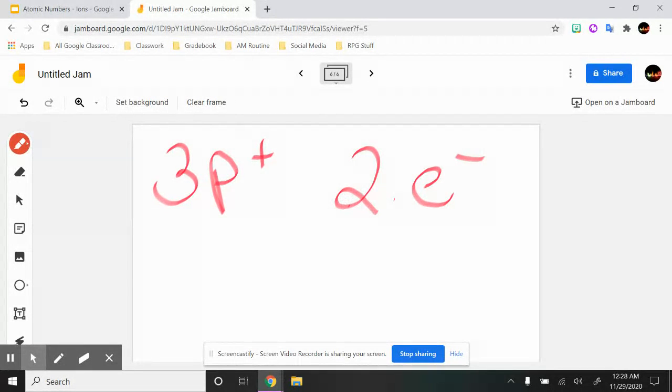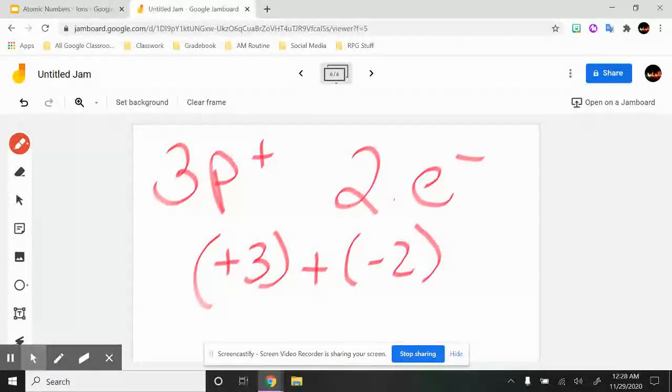So if we think about this like adding positive and negative numbers, we have positive 3 for the 3 positive protons, plus negative 2 for the 2 negative electrons. And when we add those together, we end up with a charge of plus 1. So the charge of this atom would be positive 1.